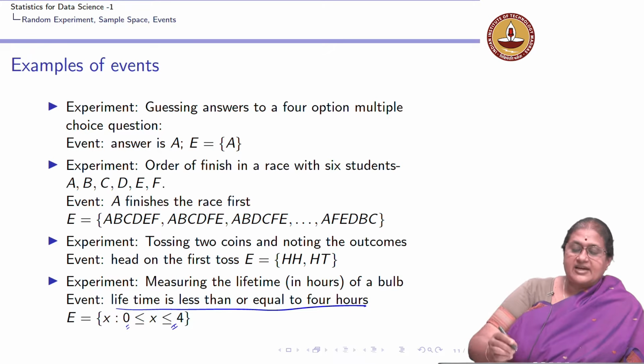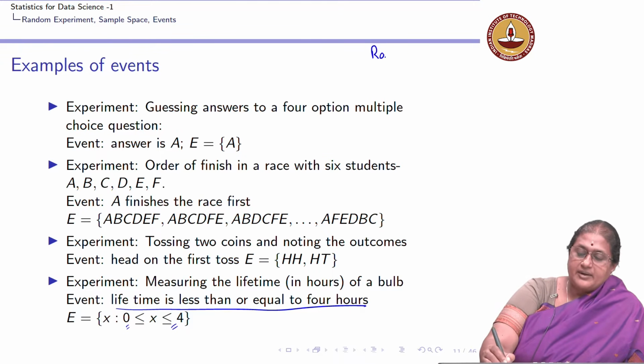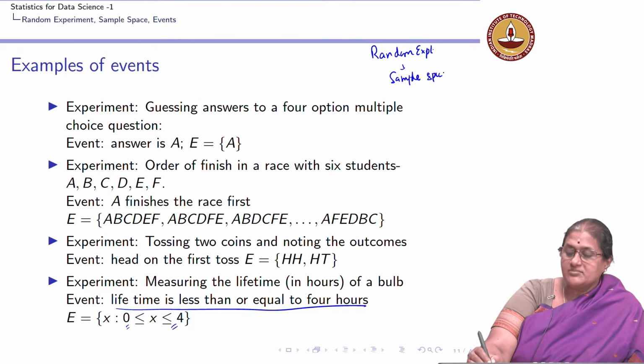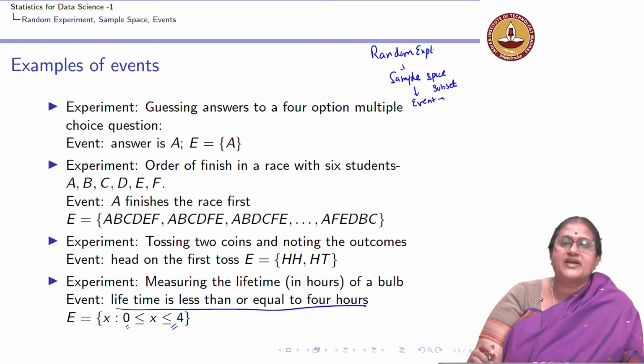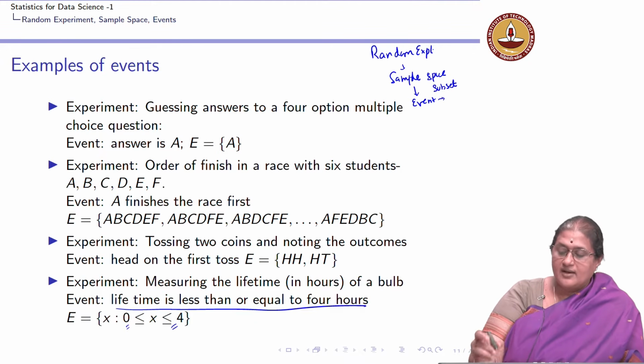So, we can see that coming from a random experiment, a sample space is the set of all possible basic outcomes. I defined what an event is, which is a subset of my sample space, and is also a set of basic outcomes.